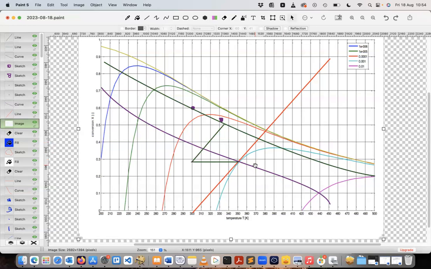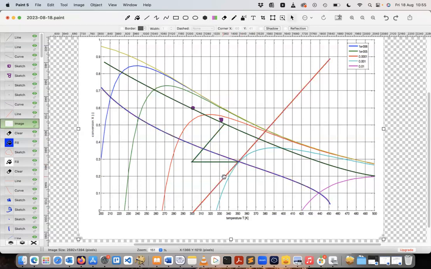So let's think about the fact that for a CSTR, the whole reactor is operating on that point, right? So we can't find other points along this line in the CSTR. We enter at 300 Kelvin, and then the whole reactor is positioned on this point, let's say 0.3 conversion.